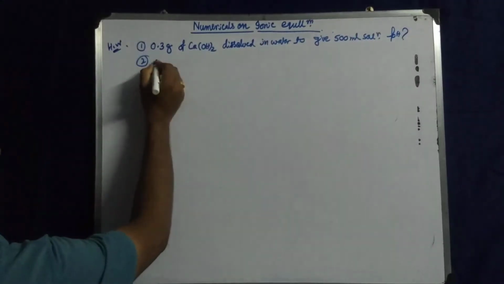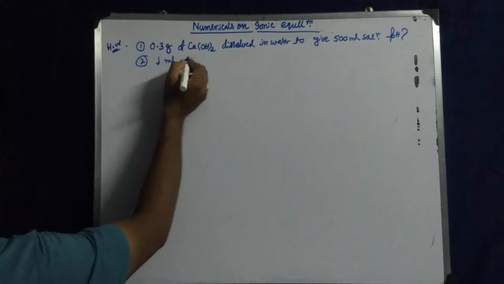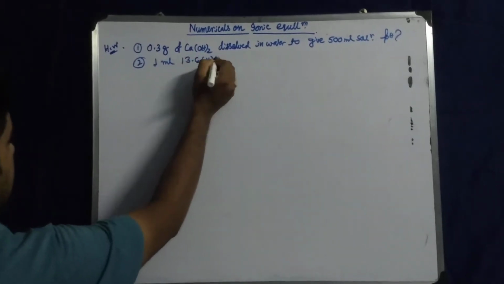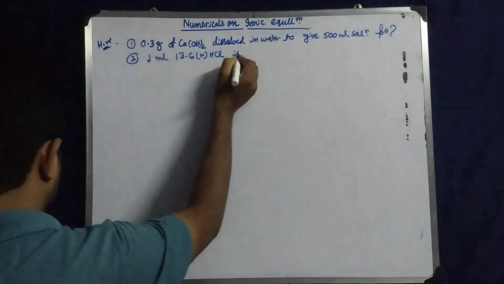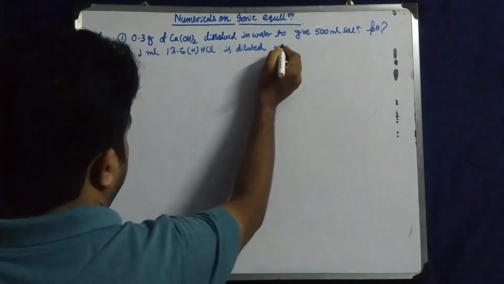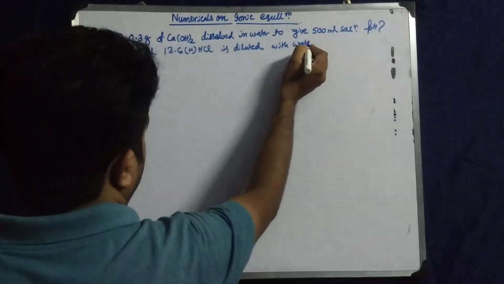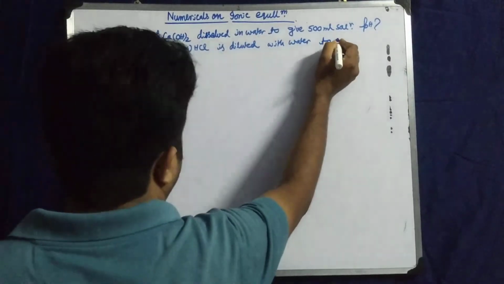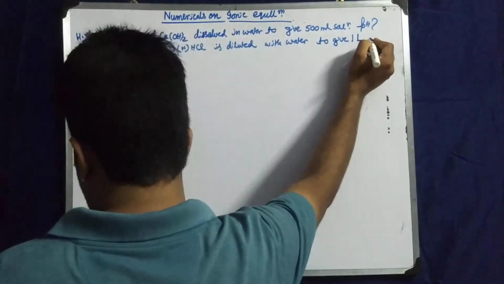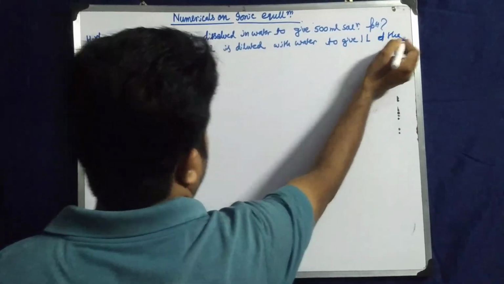And number 2 is 1 milliliter, 13.6 molar HCl is diluted with water to give 1 liter of the solution.